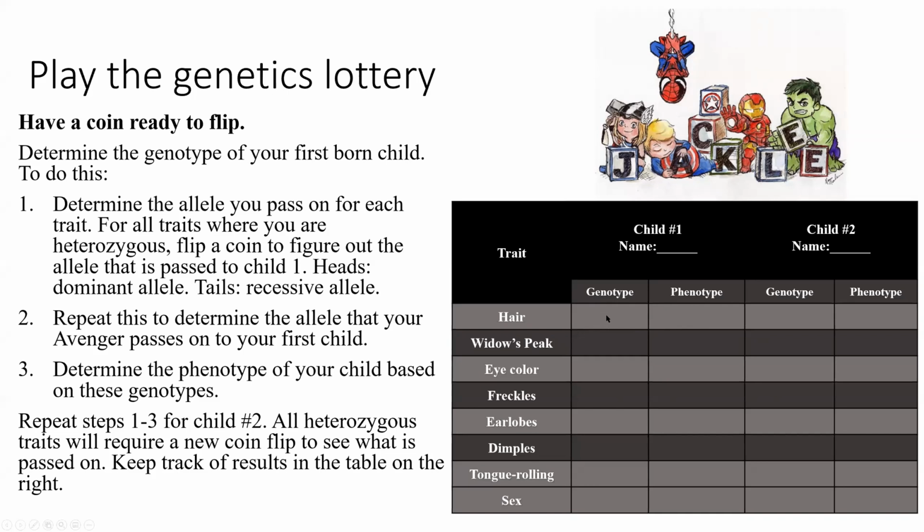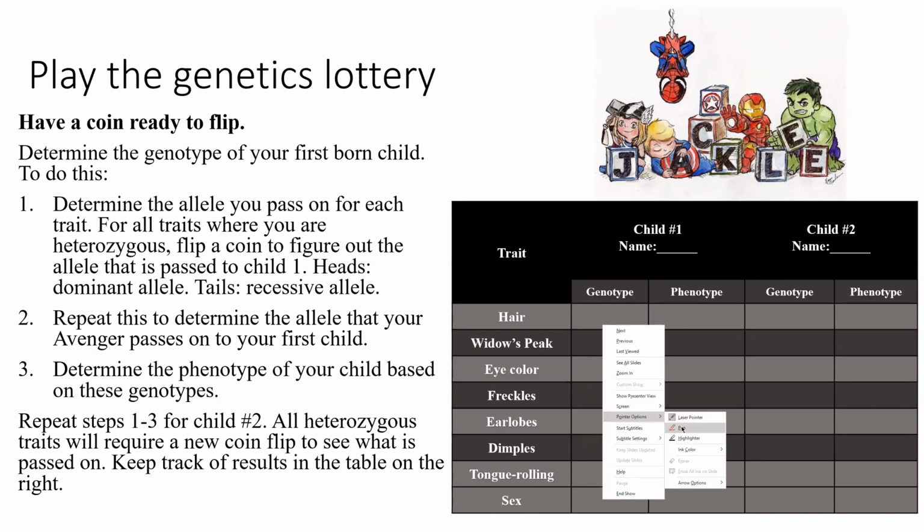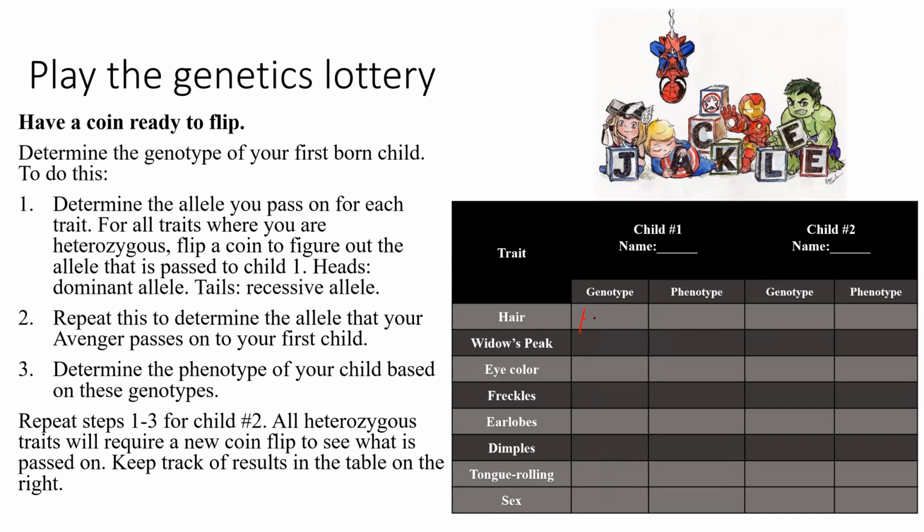So I flip a coin, I get heads, so I'm going to put a capital H here. Then I look at his genotype for hair, and he has curly hair, so he's 2 H's, so he can only donate the dominant allele of a capital H. So the phenotype for our child would be curly.